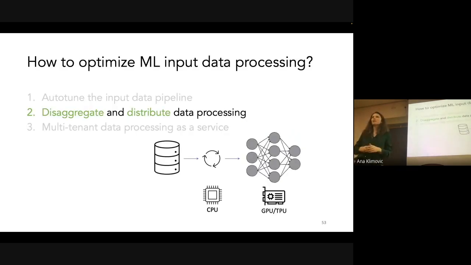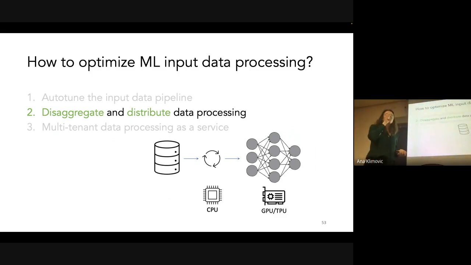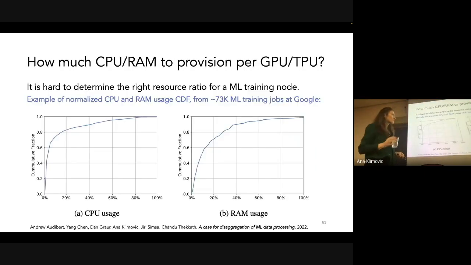So any questions about this so far before moving on to, yeah? I have one question with respect to the CDF you showed about the CPU usage. Why is this on the I/O from, let's say, the secondary products, and not, for example, the traffic between accelerator and CPU?